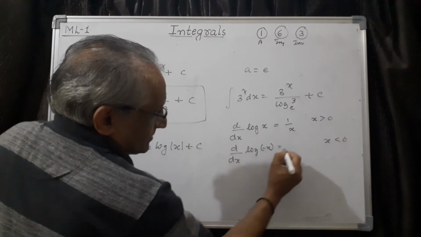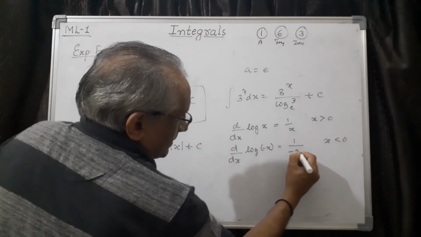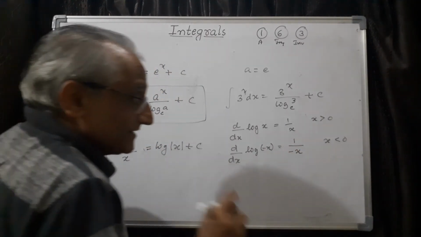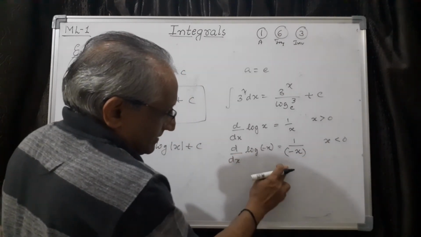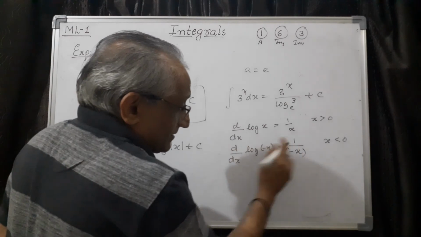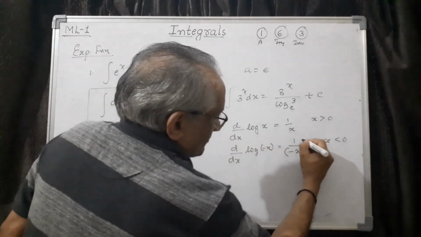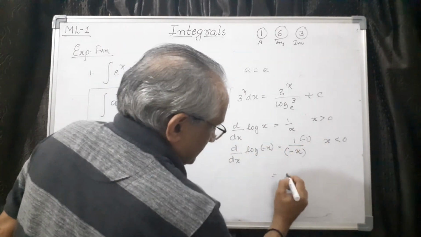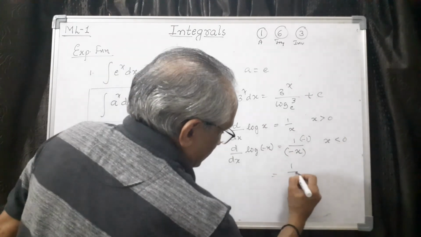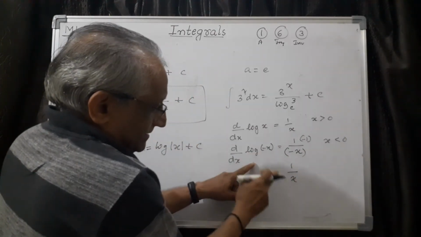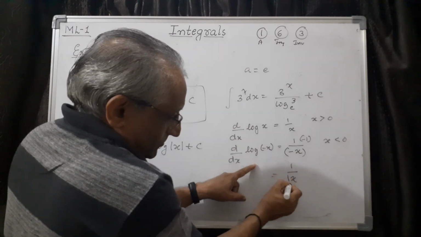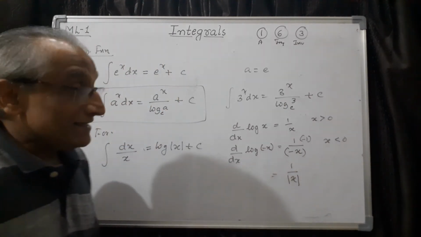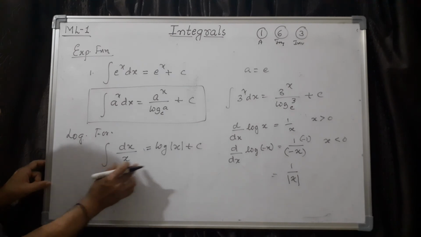So now this is 1 by minus x. But in differentiation, I have to differentiate minus x once again because it is a composite function, giving minus 1. Ultimately the minus 1 cancels, and we get 1 by x. But here it is minus x and here x, so what I have to do is put mod. Therefore, for dx by x, this is the formula.